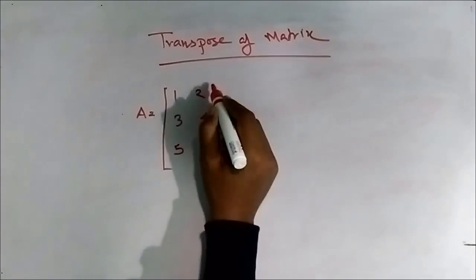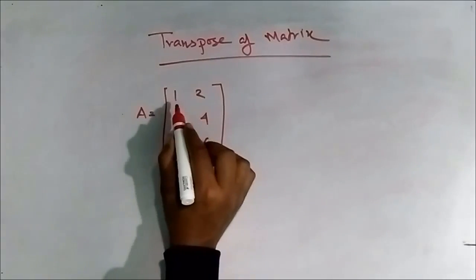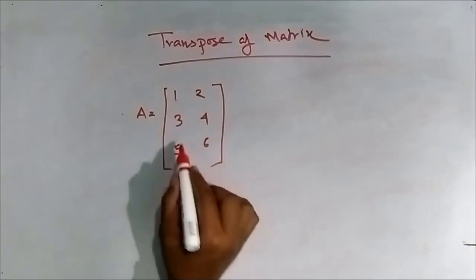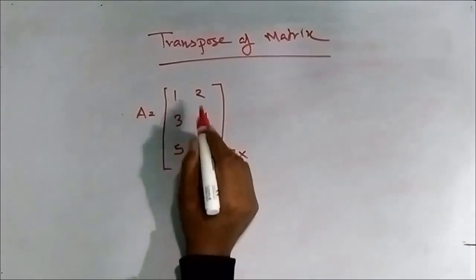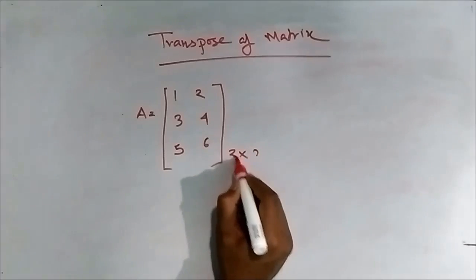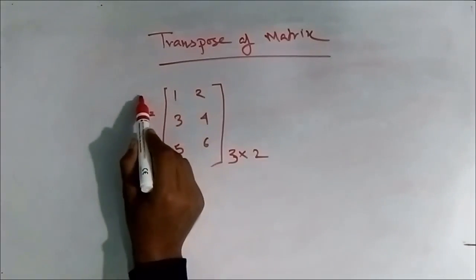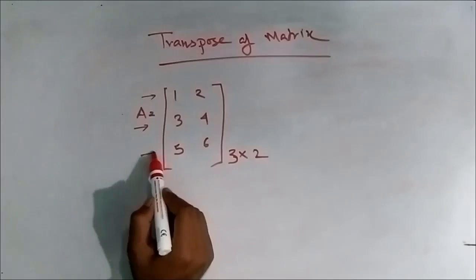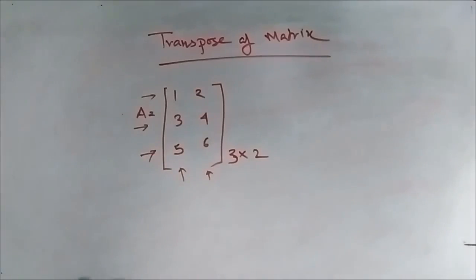Okay, so here the order of A is, the number of rows is 3 and number of columns is 2. So the order of this matrix is 3 cross 2. Okay, because the number of rows is here 1, 2 and 3 and number of columns is 1 and 2. So the order of A is 3 cross 2.